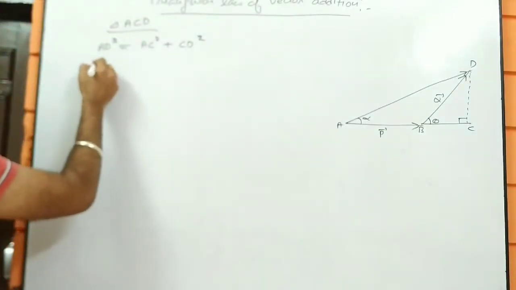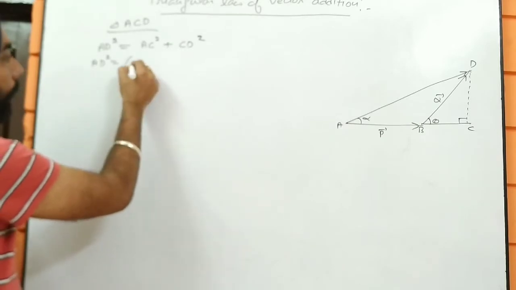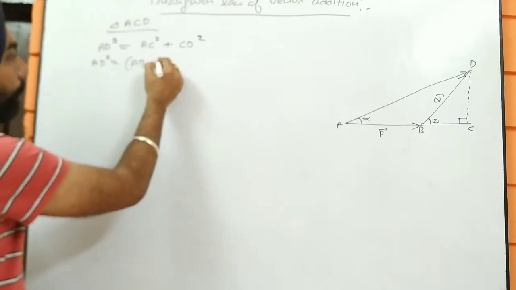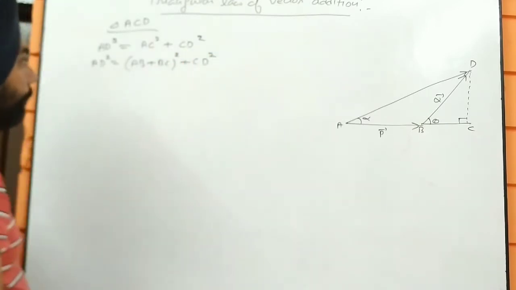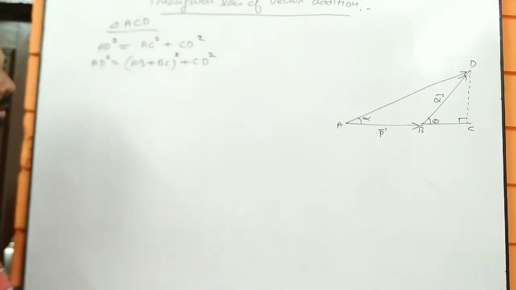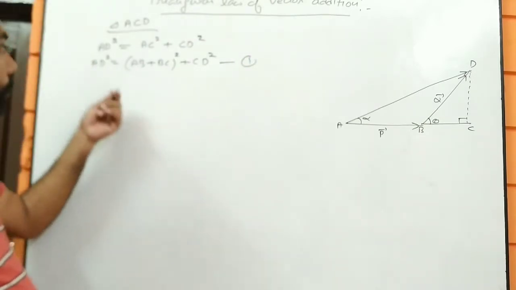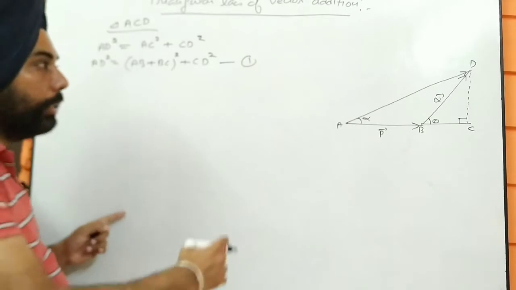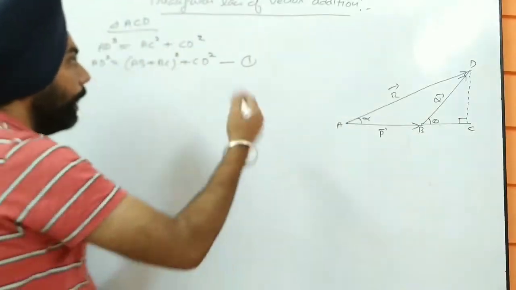So AD square can be marked as (AB plus BC) square plus CD square. This is going to be your equation, and this is marked as equation number 1. And as you know, AD is the resultant, so that is marked as R. So we have those values.